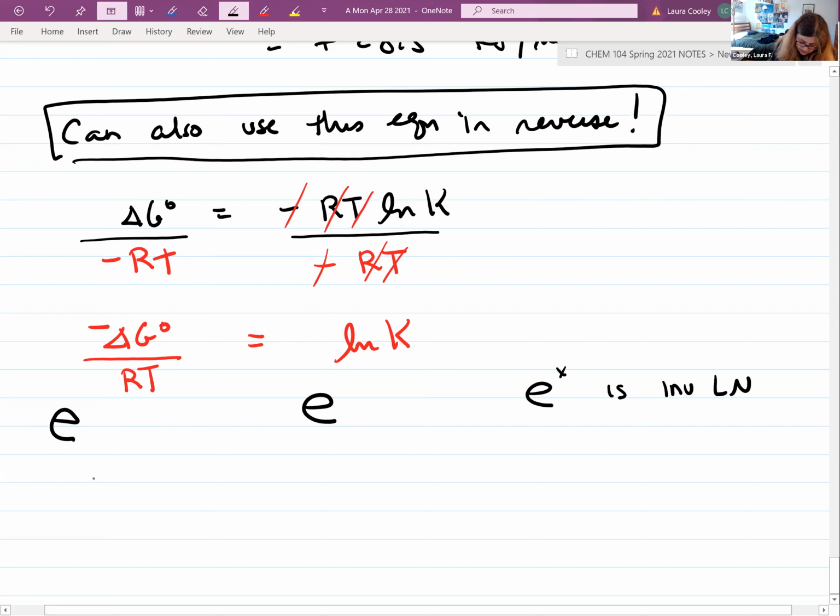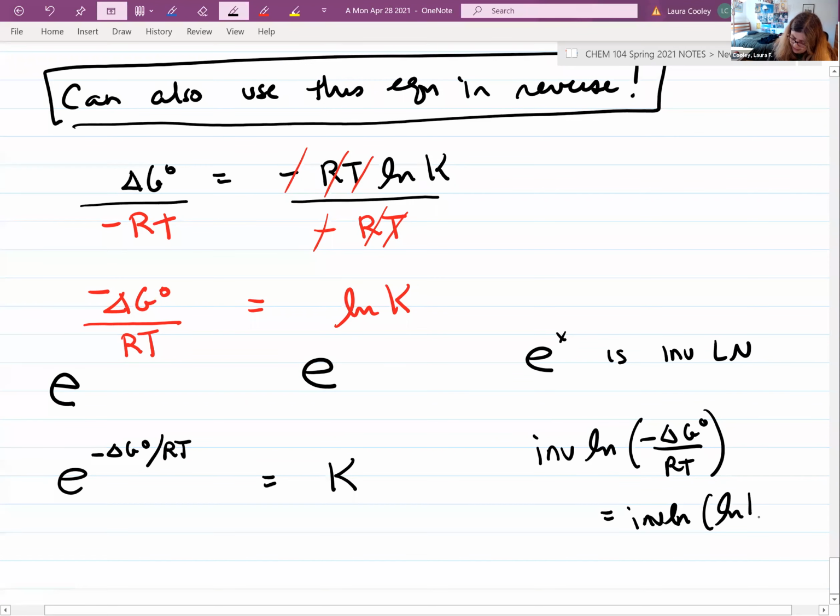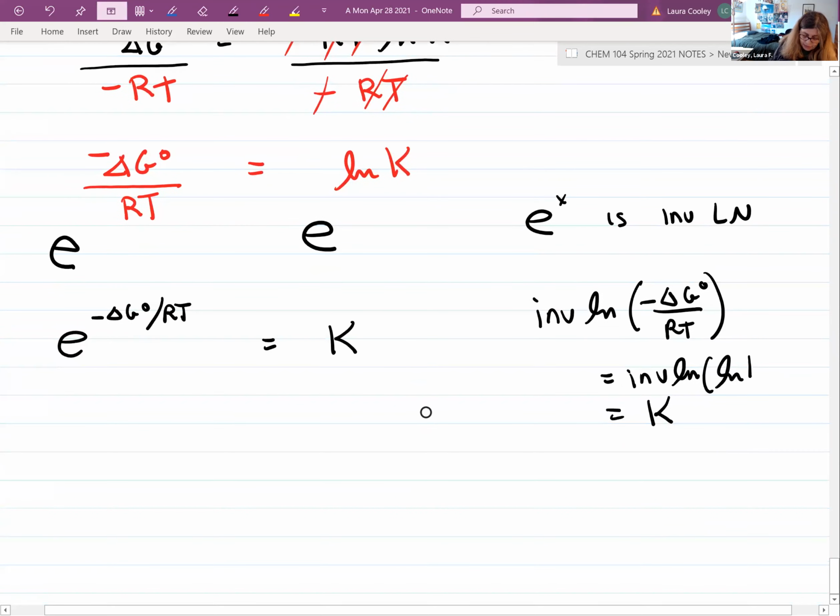So I could write E to the minus delta G0 over RT equals K. I could have as easily done inverse natural log: minus delta G0 over RT equals inverse ln of K, which is just K. Okay. So we have to be careful with the signs here.